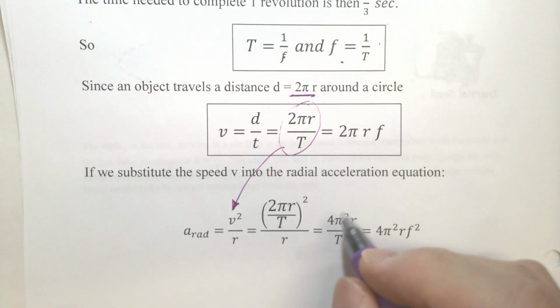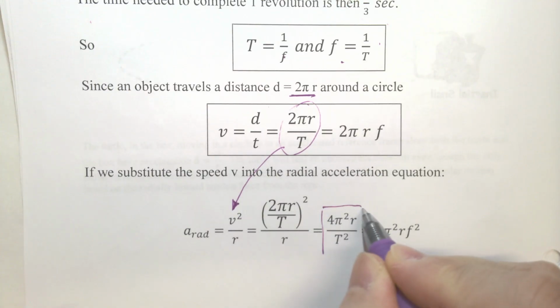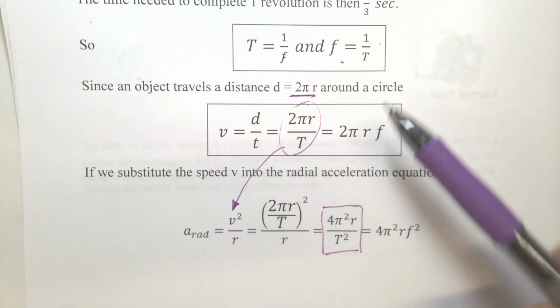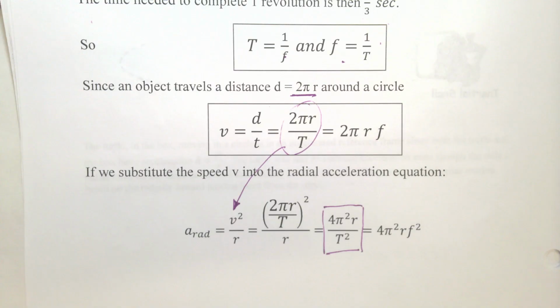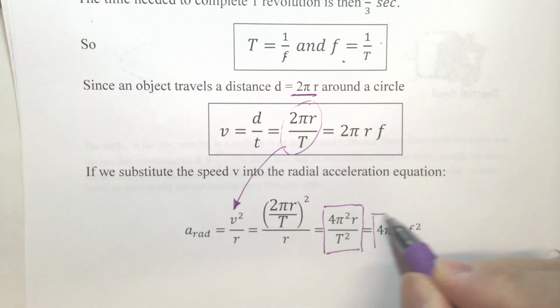So you don't always have to memorize this, but you can always derive it. And since we know period is the same thing as 1 over frequency, we can replace that 1 over period squared with just frequency squared. So this is the exact same thing. Okay?